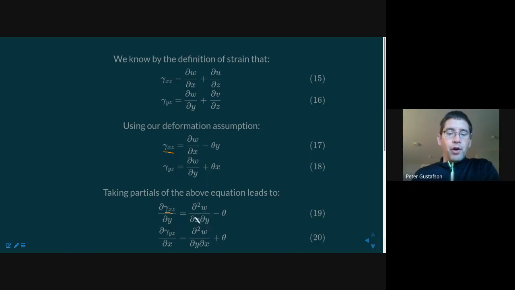And what results is this, partial squared w partial x partial y, minus theta. Similarly, we take a derivative of the second one, but now with respect to x, and we get partial gamma yz partial x is equal to partial squared w partial x partial y plus theta.